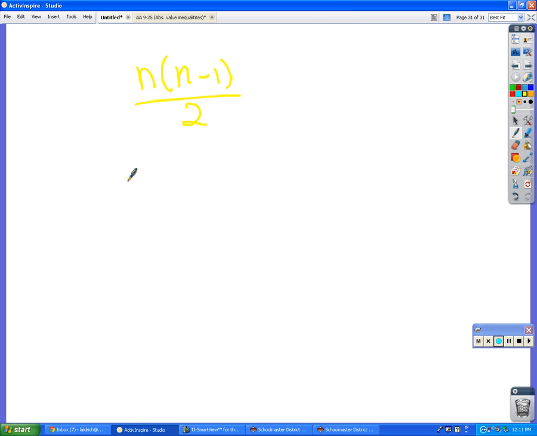how do I figure out how many handshakes there would be in this room if you guys all got up and shook everybody else's hand? What? Let's try it. See if math actually works. Let's figure out the answer. What is this 27? What do I do with it? Multiply it by 26, because 27 take away 1 is 26, and divide that answer by 2.